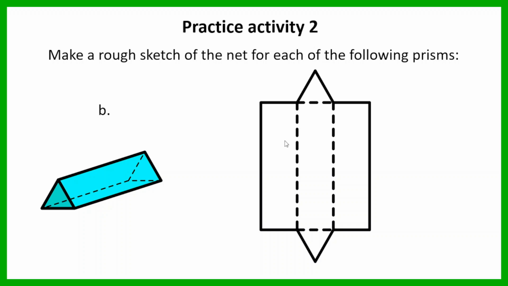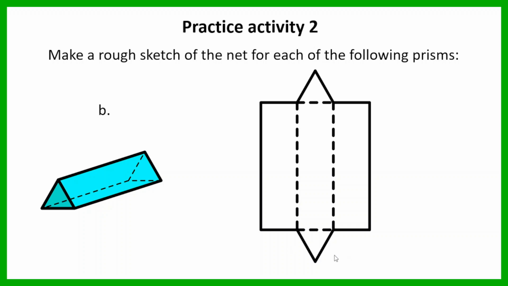But as I said, it's not the only option, so you might have done yours looking slightly different. So long as you make sure that all of the faces are there, so you don't have anything missing and you don't have any extra faces, and also make sure that no faces end up overlapping with each other when you are drawing a sketch of a net.